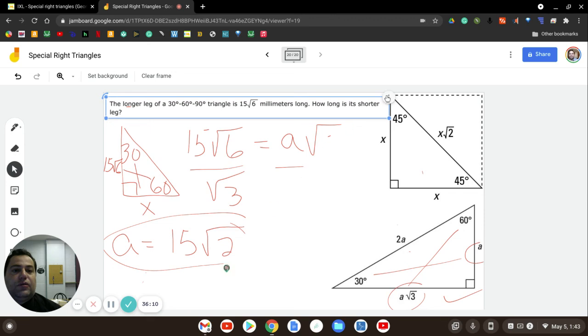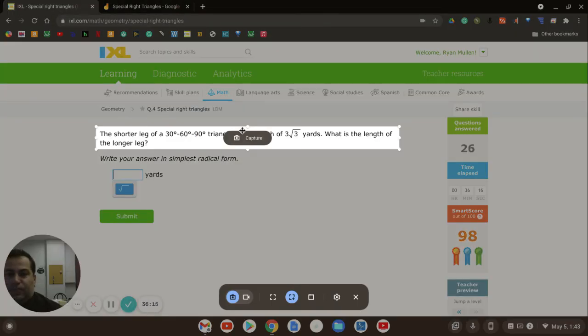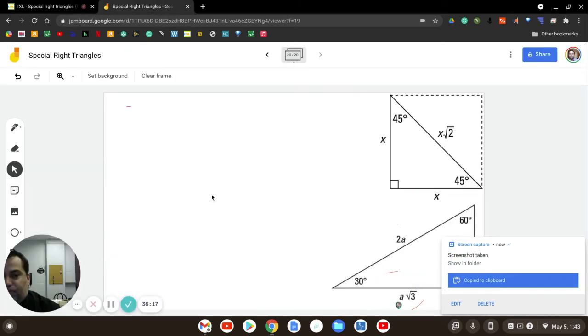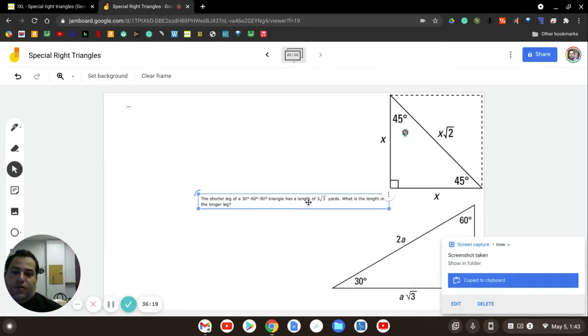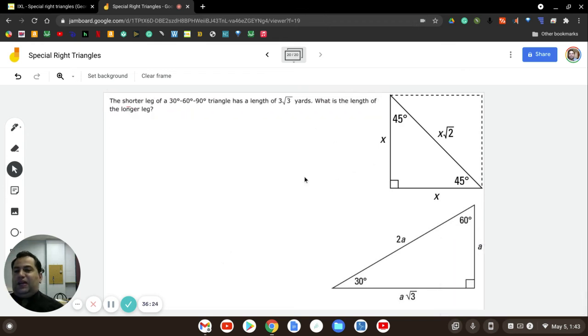All right. This problem says the shorter leg of a 30, 60, 90 triangle, so we're dealing with this one right here.